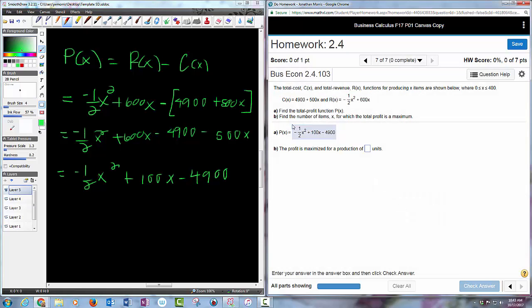Okay. Now it says, when is the profit maximized? And I'm going to follow my steps that are in theorem number 8 for finding your absolute maximum and absolute minimum whenever we have a specific interval that we're looking at.